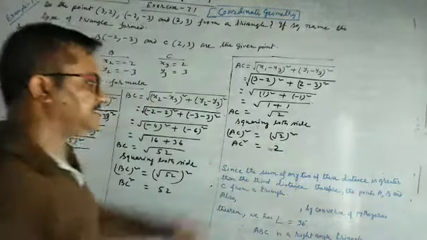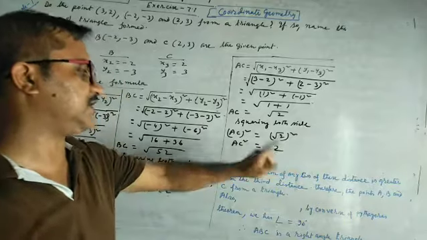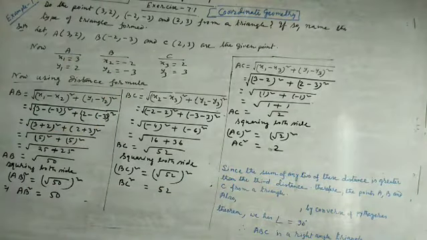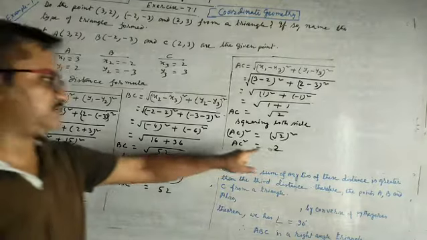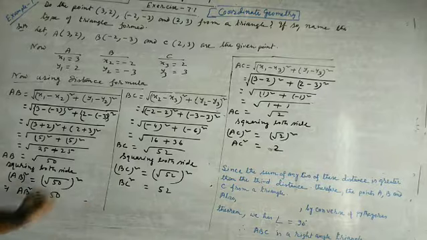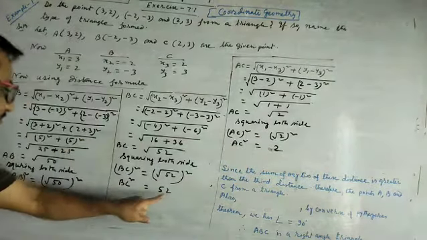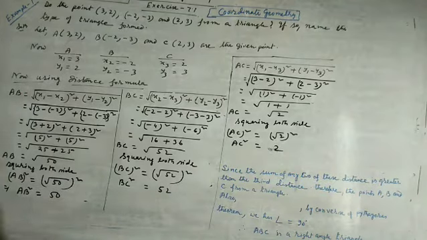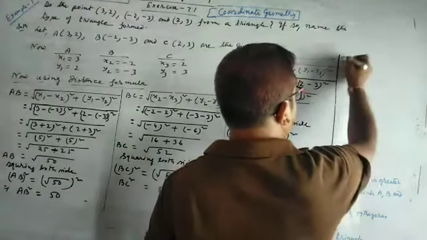Squaring both sides, AC whole square, root 2 whole square, AC square is equal to 2. Now we see AB square 50, BC square 52, AC square 2. Now we add the smaller numbers. So AC square 2, BC square 52, AB square 50.